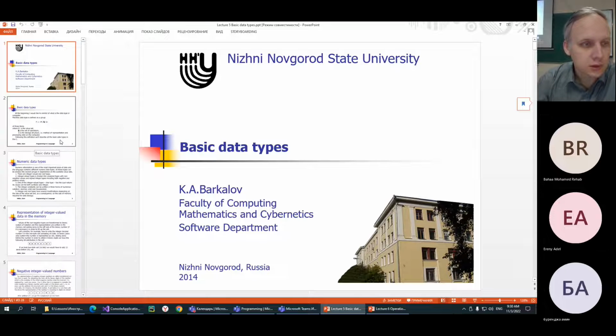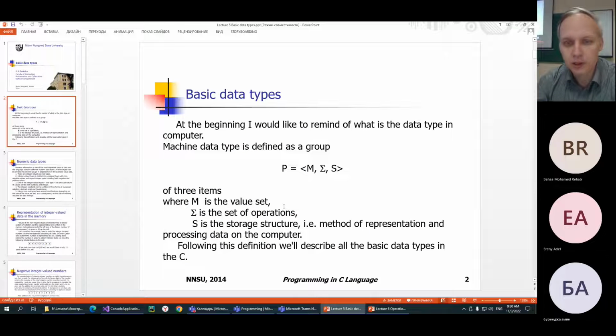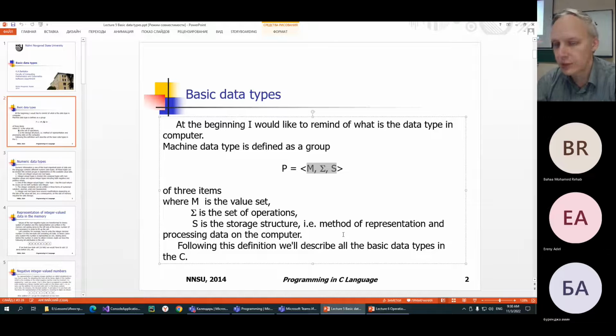Well, in the previous lesson, we considered basic data types. We started to discuss basic data types in C and C++, and we discussed that a particular data type is defined by a set of values, a set of operations, and a storage structure.